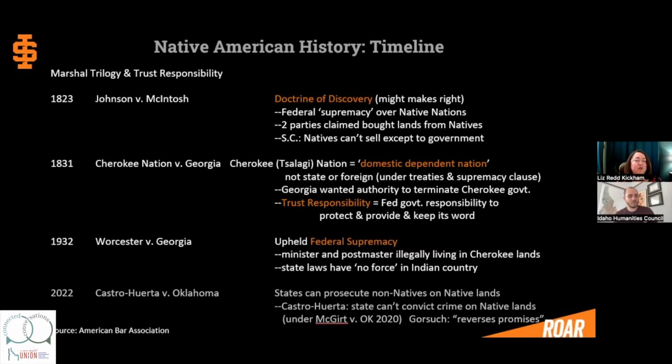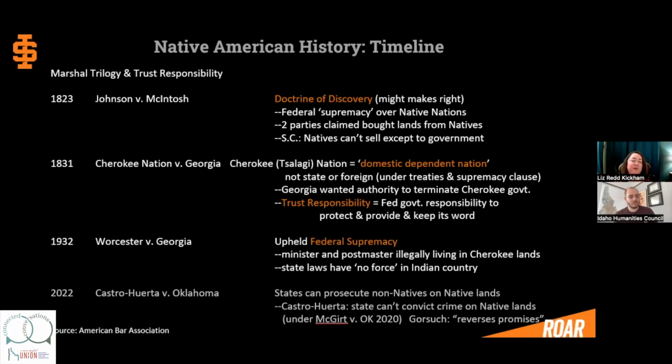the Cherokee Nation was termed a domestic dependent nation. So it established this really nuanced and problematic relationship that both upholds Native nations as sovereign nations, but at the same time calls them domestic dependent nations. But as part of that, there was a trust responsibility established.